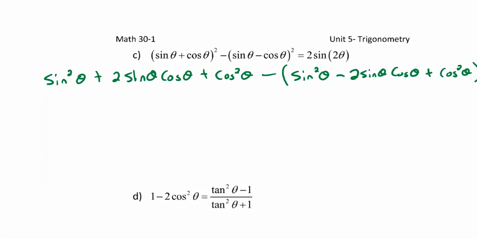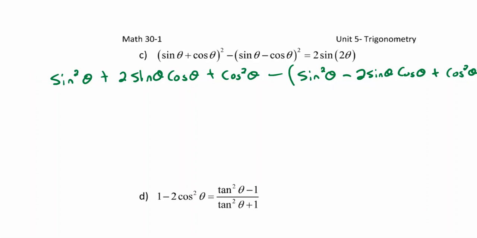All right, let's see if we can make any sense of this. There are going to be some things happening. It sucks, but I'm going to write it all out again.